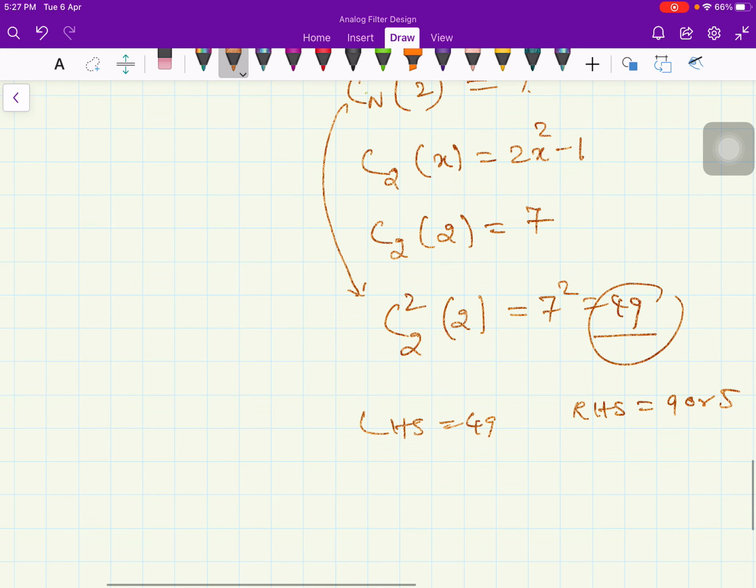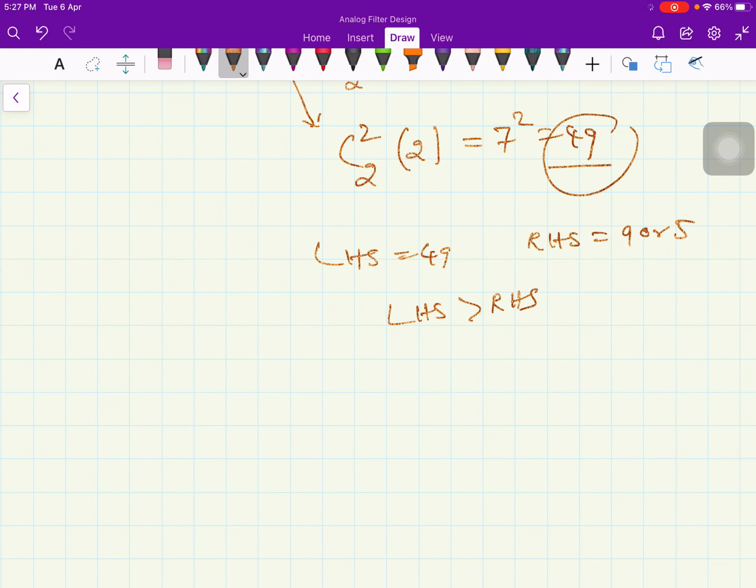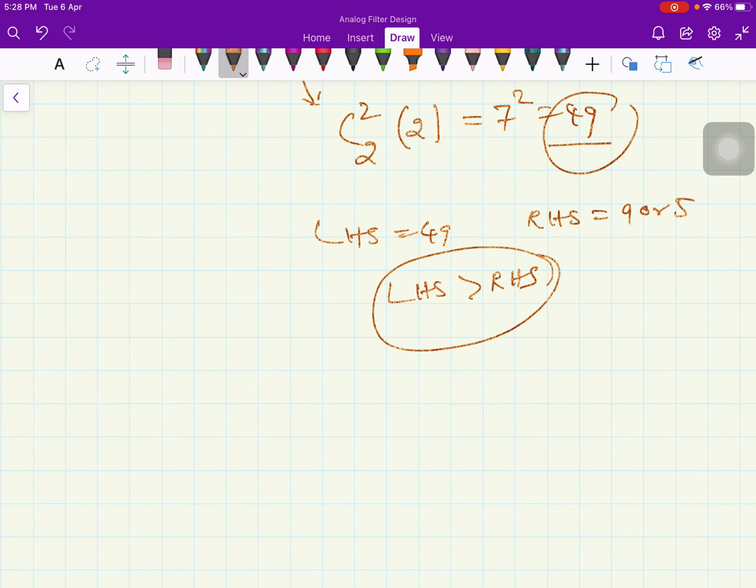In this case the left hand side exceeds the right hand side drastically, but nevertheless this is the desirable condition, because you are over satisfying the stop band specs. So that's how you will find the order of the filter in the Chebyshev method.